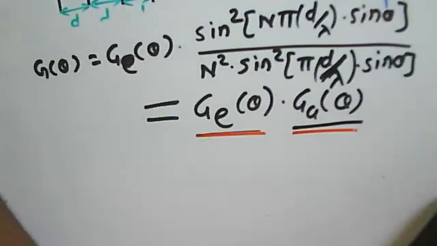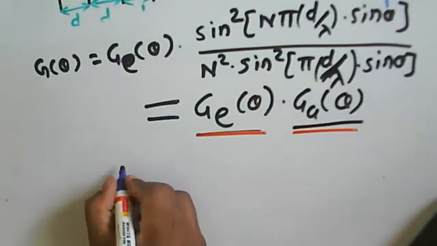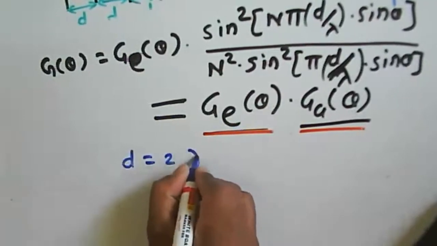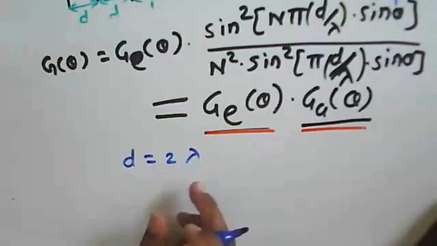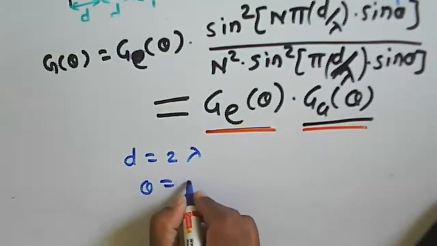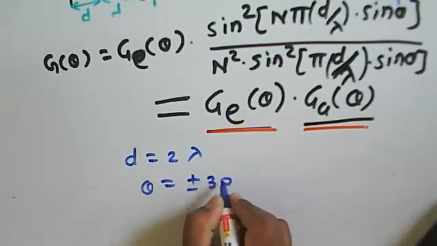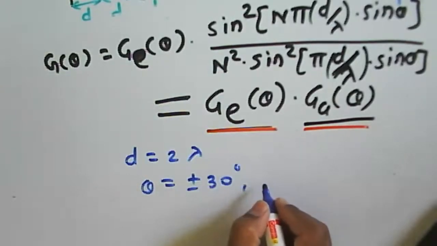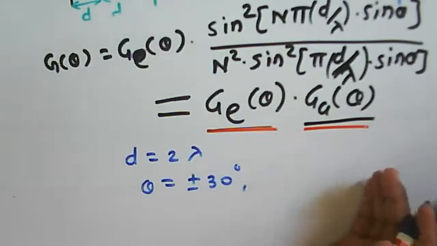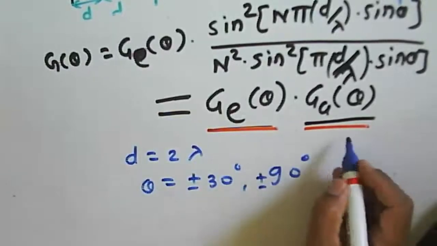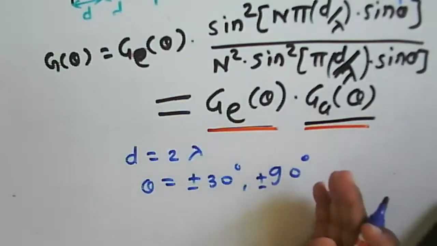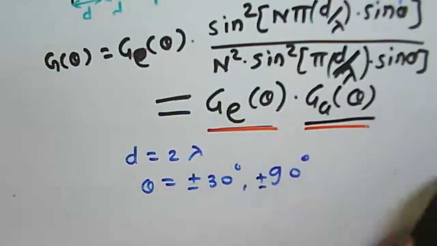If that spacing d is equal to a times lambda, then a grating lobe occurs at theta equal to plus or minus 30 degrees, and plus or minus 90 degrees, if d is equal to twice lambda. If d is equal to lambda by 2, there is no grating, meaning no side lobe.